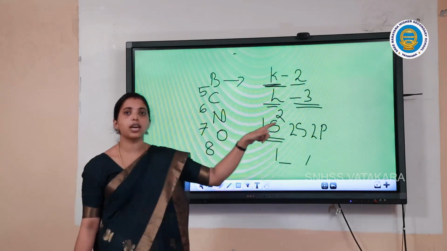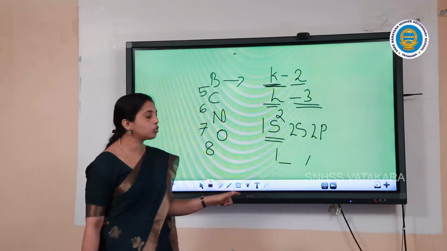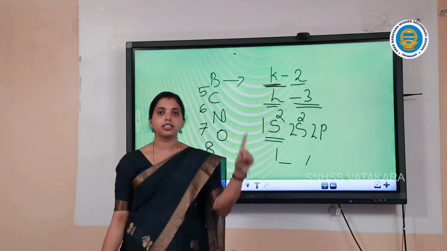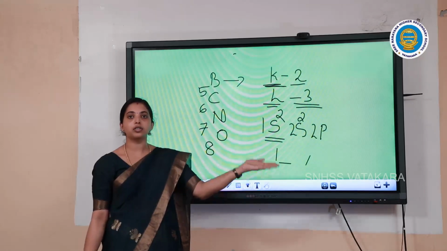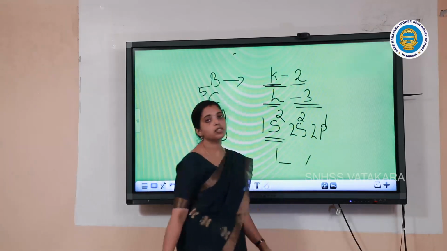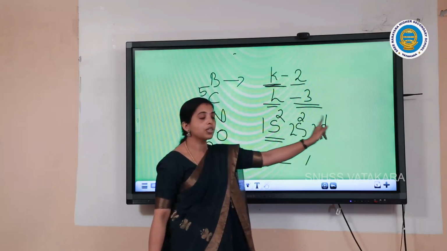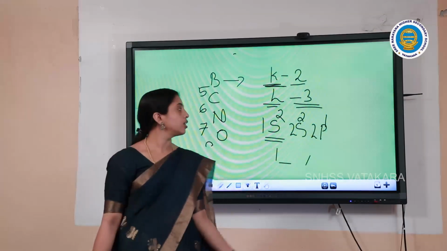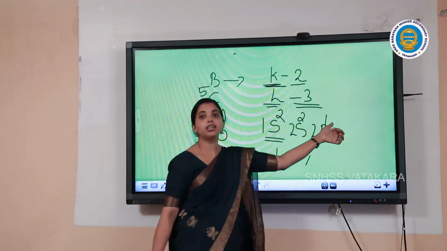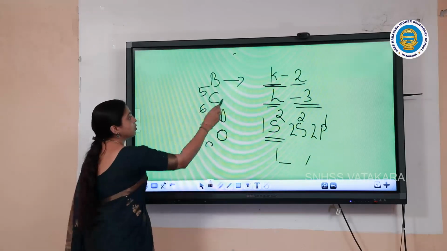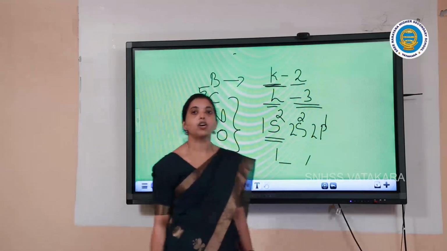Maximum number of electrons possible in the S subshell? 2. So you write 2. The balance 1 enters into the next subshell, that is P. Total number of electrons? 5. 2 plus 2 plus 1, that is 5. This way you complete all these problems and submit on Monday.